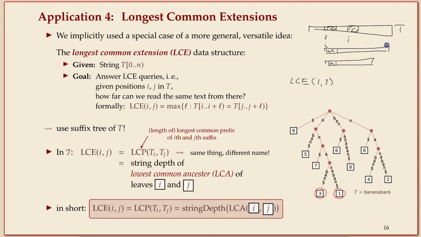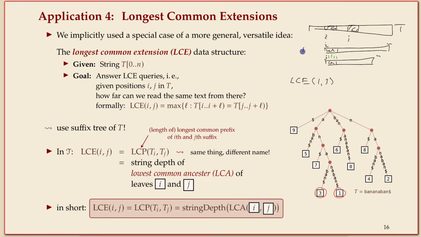So this starts at i, goes up to n, this starts at j, goes up to n. Then I want these to match. And so it's the longest common prefix, the longest joined part that these two have in common. And remember, we wrote T_i, T_j for the suffix starting at that position. So that's just a different name for the same thing.